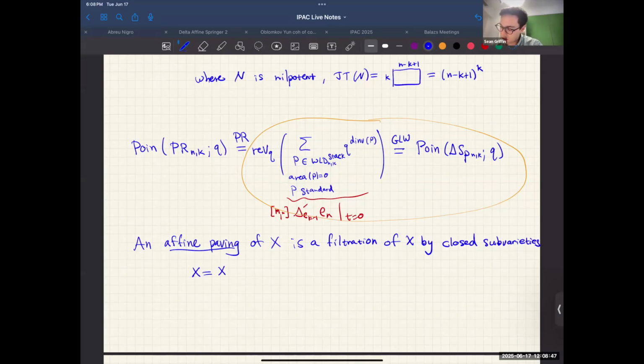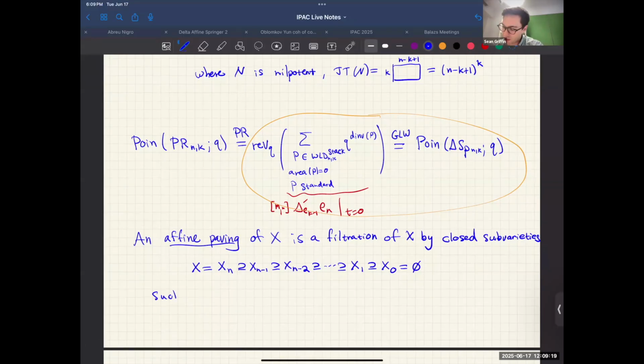So X is some top dimensional piece, like X_n is the full thing, and sitting inside of it is some closed subvariety, and then another closed subvariety inside of that, and so on, until you get down to the first piece, and then sitting inside of that is the 0th piece, which is empty.